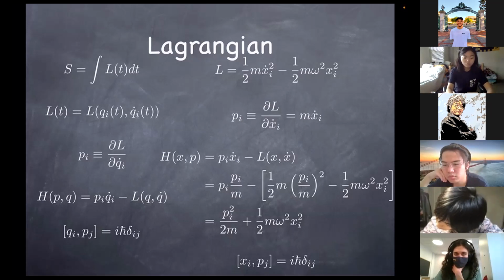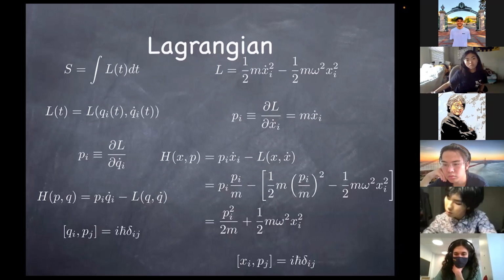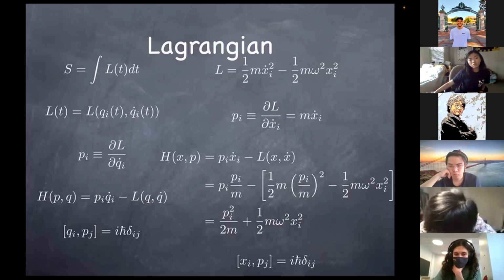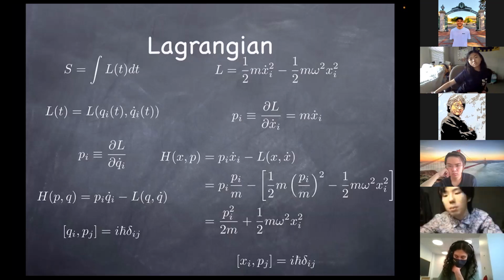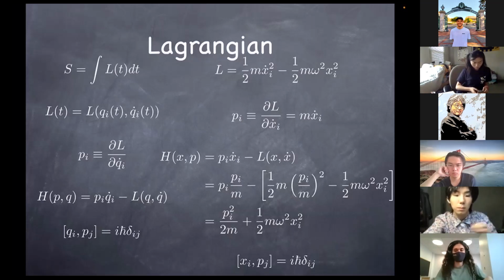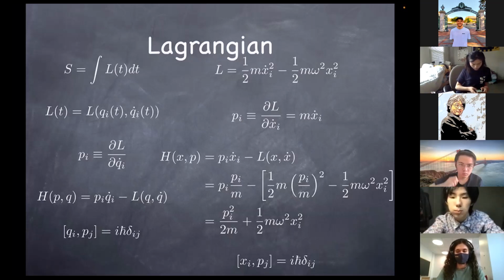For each x_i dot, I introduce p_i as a canonical momentum. Then I have many x_i's and many p_i's. So the canonical commutation relation is that x and p give you i h bar when they refer to the same degree of freedom. But if you're talking about different particles, their x and p commute with each other. Hence you have this delta ij. Delta ij, you probably know, is a simple Kronecker delta that is 1 when i and j are the same, but 0 when i and j are different.